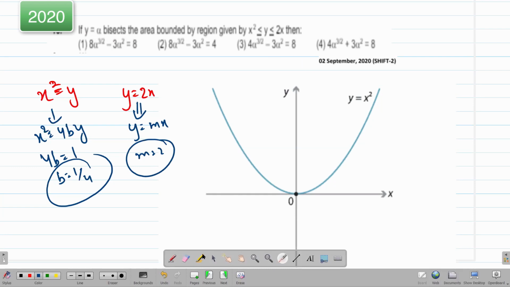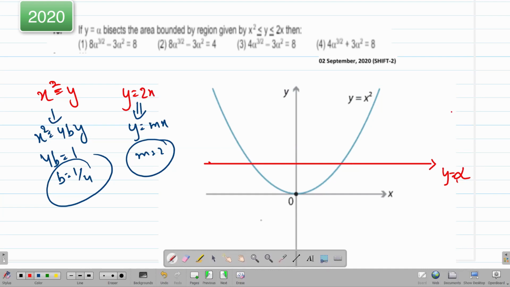But since in this question it's given that y is equal to alpha bisects the area bounded, and y is equal to alpha, we know that is a line parallel to x-axis, somewhat like this. So this is my line y is equal to alpha. And y is equal to 2x is a line which passes through origin.